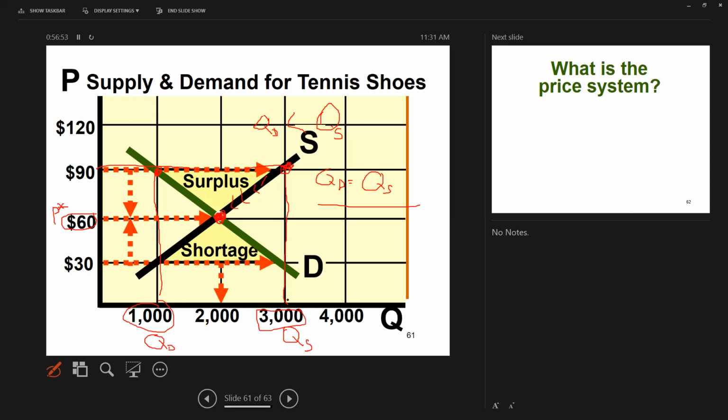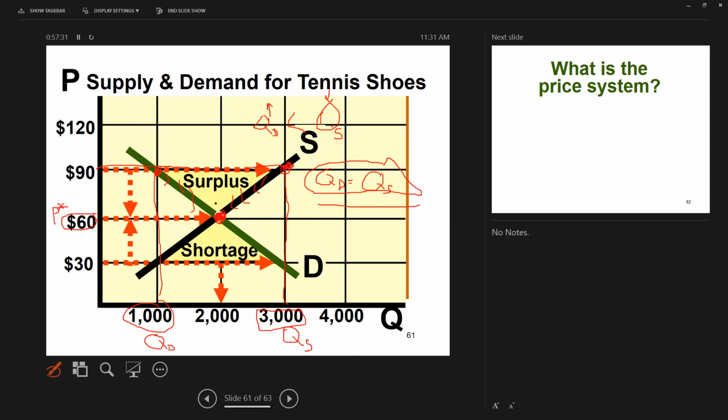As they drop their price, quantity supplied decreases. As you decrease the price of a good or a service, quantity demanded increases, and that will bring us back towards equilibrium. So the market self-corrects. If the price is above the equilibrium price, that's going to cause a surplus of goods and services in that market.